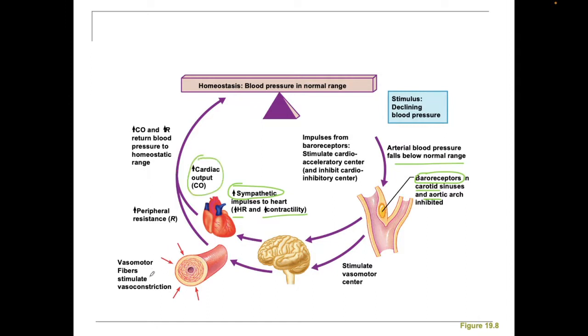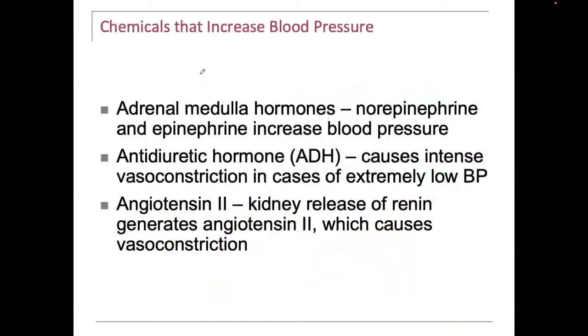And the sympathetics are involved in vasoconstriction of the blood vessel. When you vasoconstrict, you're going to increase the peripheral resistance in the blood vessels. So if you increase cardiac output and you increase the resistance, you're going to increase blood pressure, and we have homeostasis once again. What are some of the chemicals that can increase blood pressure?